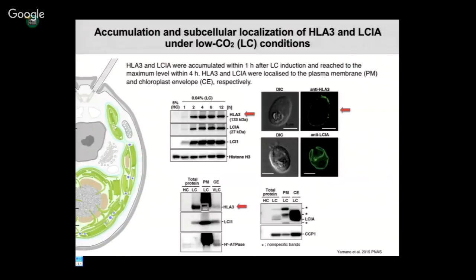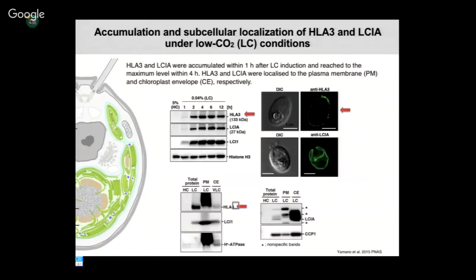One is a histochemical analysis by using antibody, but another method is biochemical fractionation. You can isolate chloroplast from the cell and separate from the total protein, and you can compare the Western blot of total protein and plasma membrane fraction or chloroplast envelope fraction.